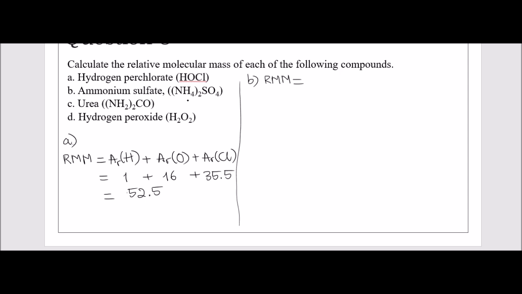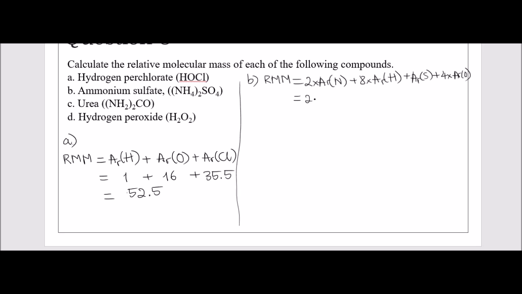You can either get 2 of nitrogen and then 8 of hydrogen, or you just get NH4 and then double it. I'm going to go with the former. So I'm going to go 2 times the relative mass of nitrogen plus 8 times the relative mass of hydrogen plus the relative mass of sulfur and 4 times the relative mass of oxygen.